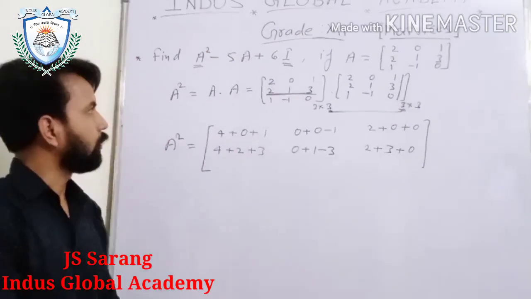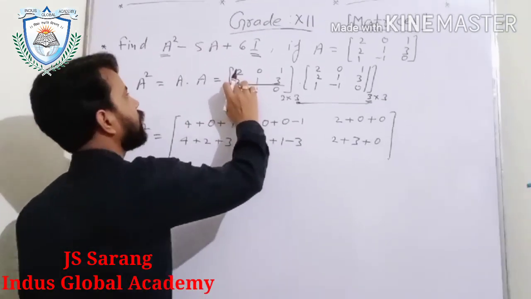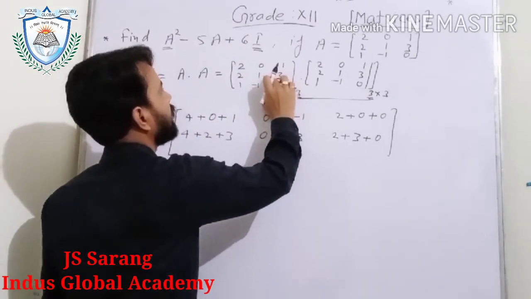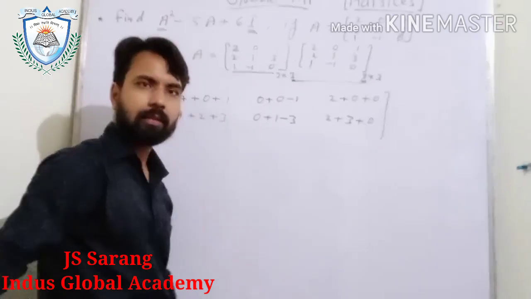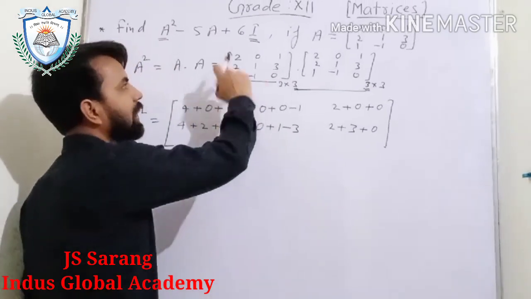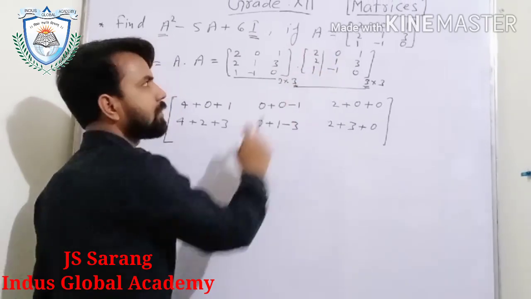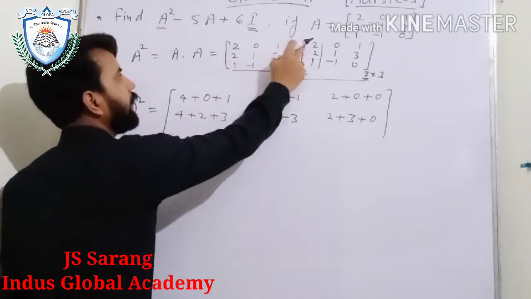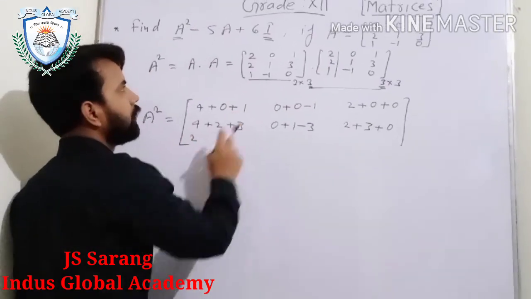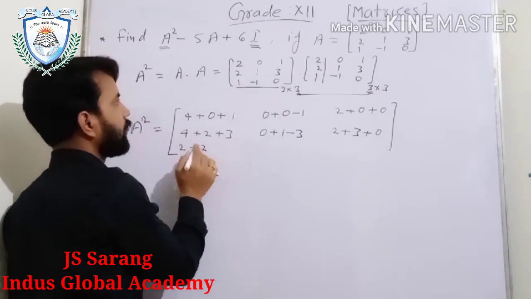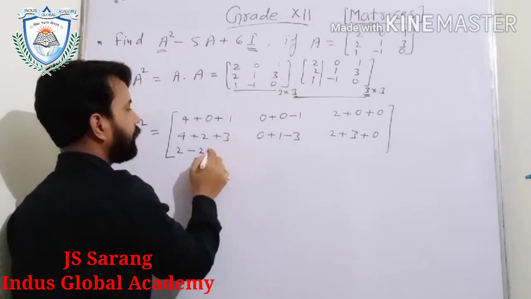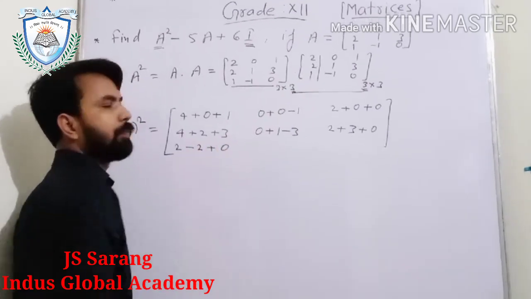Understood? Now, after multiplication of the second row, it is the turn of the third row of the first matrix. So this third row is multiplied by the first column of the second matrix. So 1 into 2 is 2, plus minus 1 into 2 is minus 2, and 0 is multiplied by 1, so it will be 0.